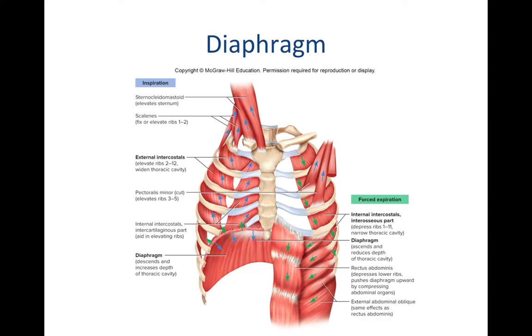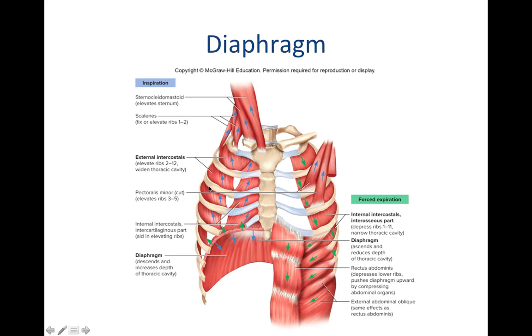There are a couple of muscles in the respiratory system that are important for providing the pressure differences so you can get inspiration and expiration. The two main muscles that you need to know are the diaphragm right here, this dome-shaped muscle, and then your external intercostals located along the outside of your ribs here.